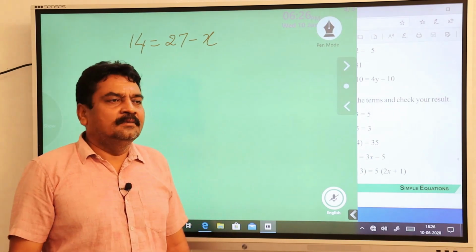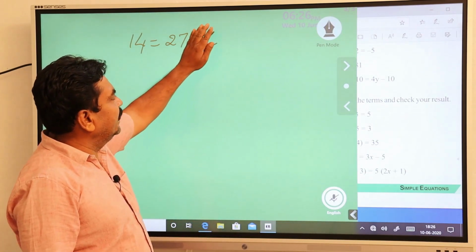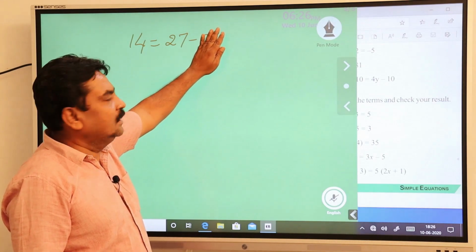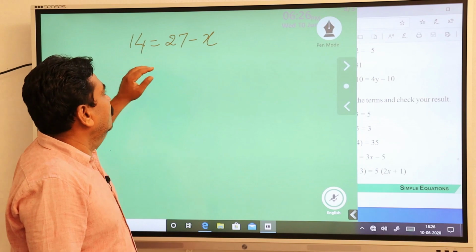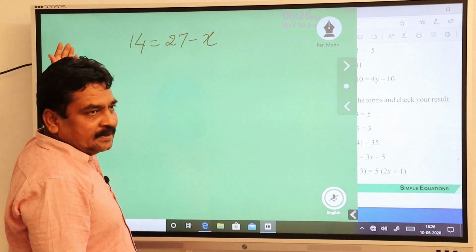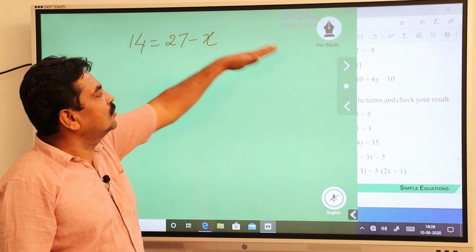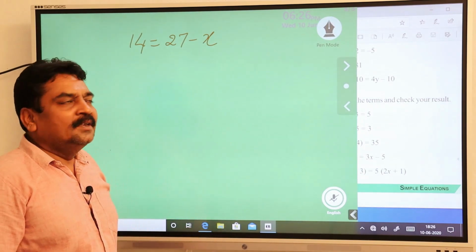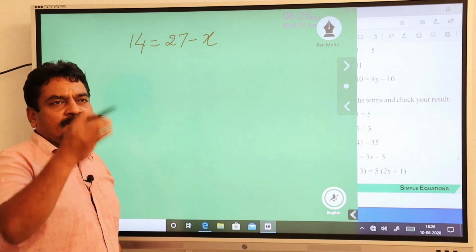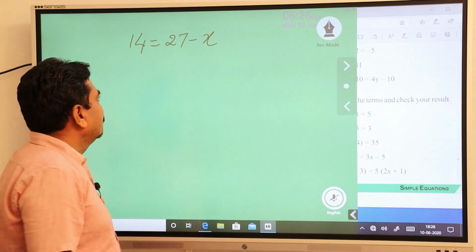Transposing the values: if you want to keep the variable here, you can keep it here. If you want to transpose it, you can transpose to this side. Or you transpose the variable to the left side, and this 14 you transfer from the left side to the right side. I think that is easy. You have to practice in that way.